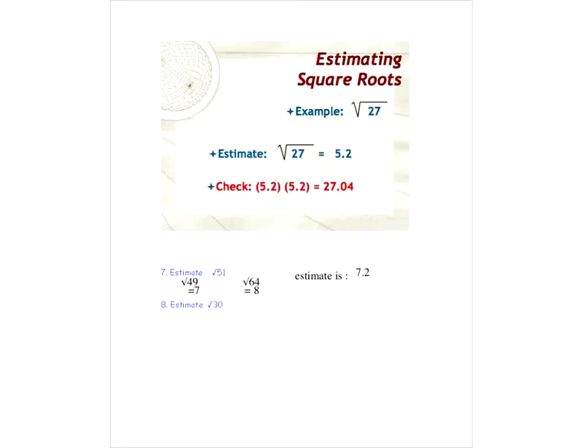Okay, does 7.2 sound about right? So let's try it out. If we multiply 7.2 times itself, we get 51.84. Well, that's pretty close, isn't it? That's in the ballpark. So that sounds like a good estimate. Okay. So does that make sense to you, Chantel, how we got that?